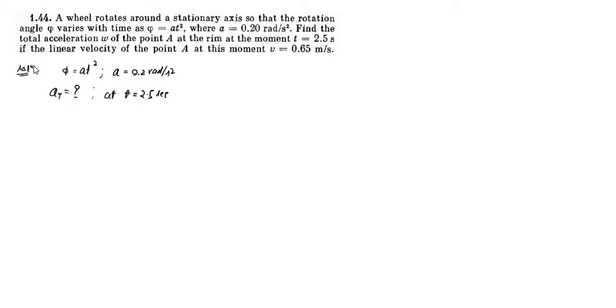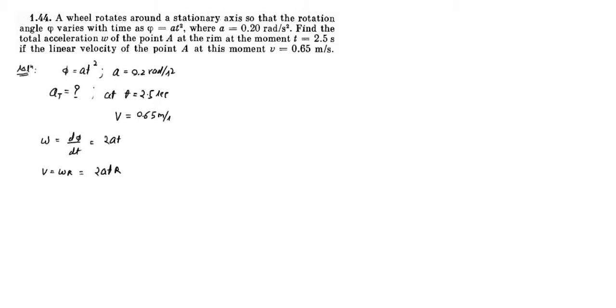So we can say that angular velocity is d phi by dt, which will be equal to 2a into t, and linear velocity we can write as omega into r. So this will be equal to 2a into t into r.